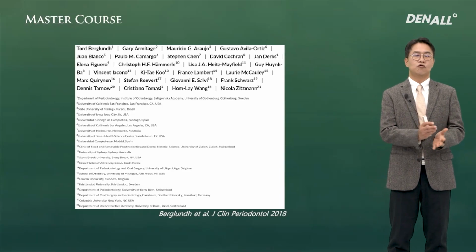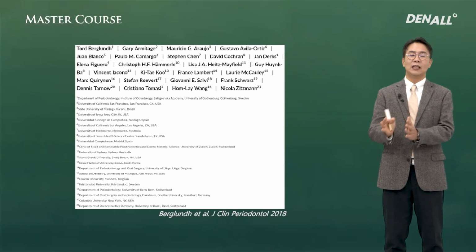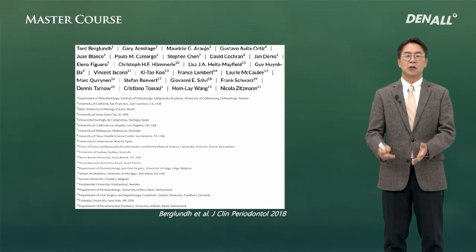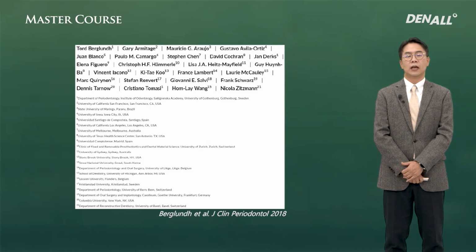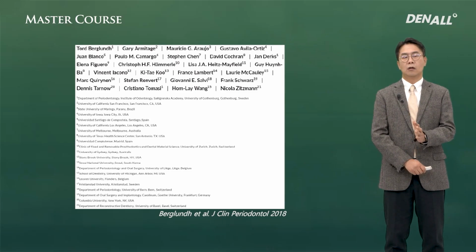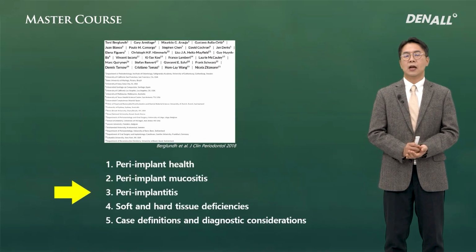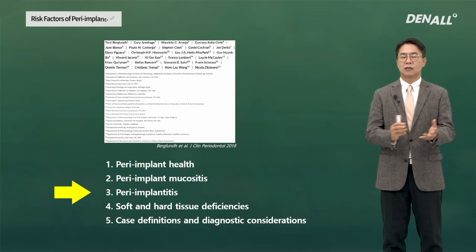Regarding this, there are many different definitions by various scholars, and they have some consensus on the term. In 2018, world-renowned scholars got together and came up with the definition of peri-implantitis. There was some special thing.